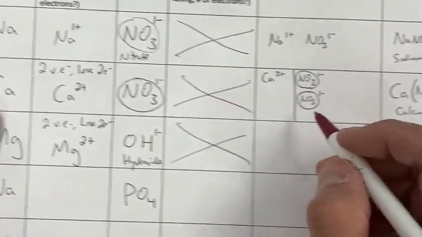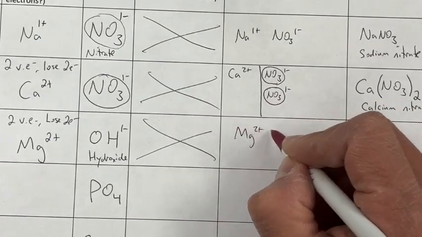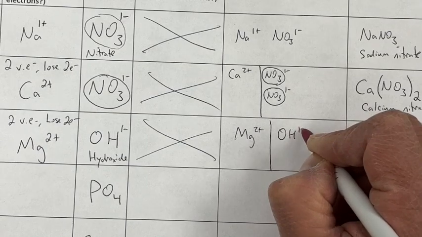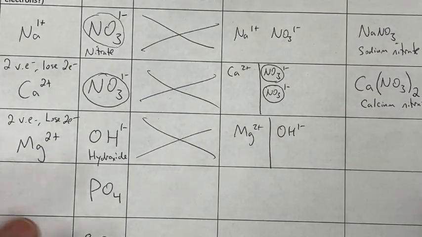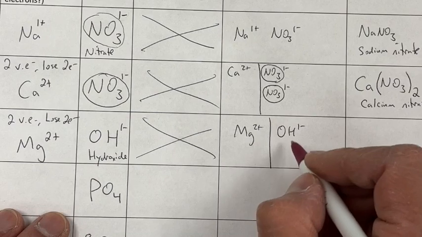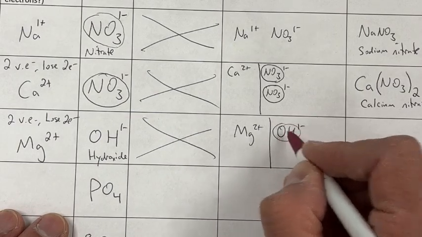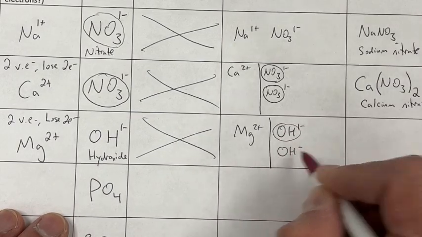I have to do these. So Mg2+, OH 1-. Do my either crisscross method or my balancing method, and I see that I need more OHs.